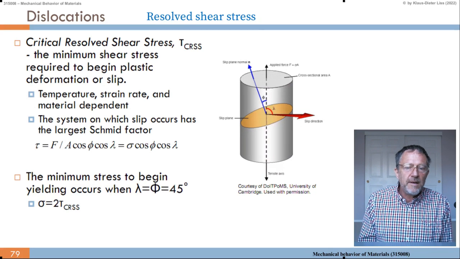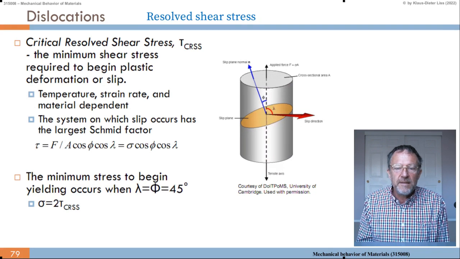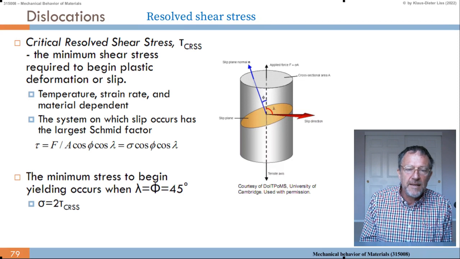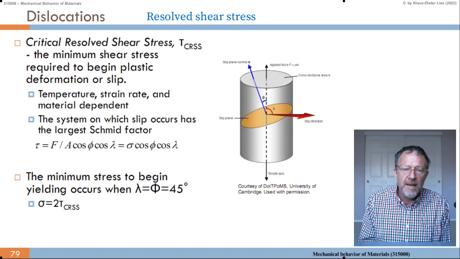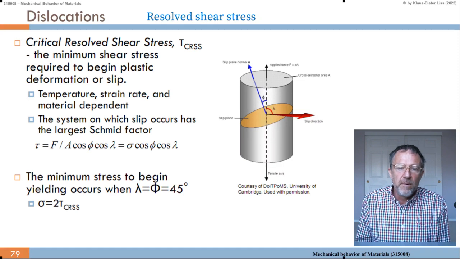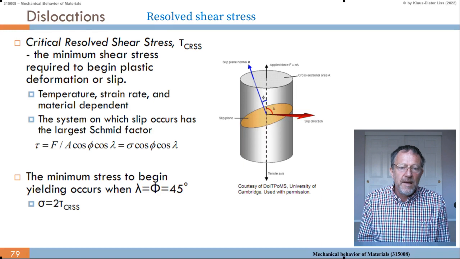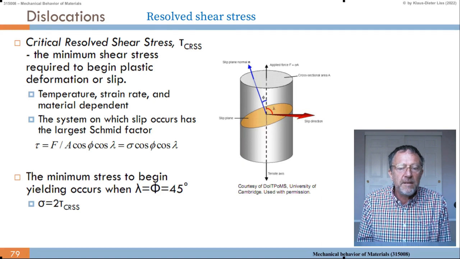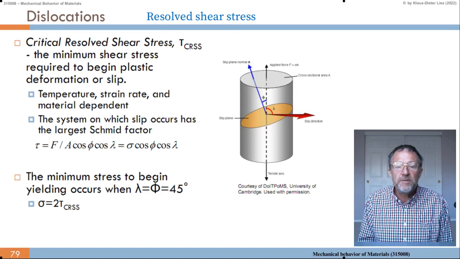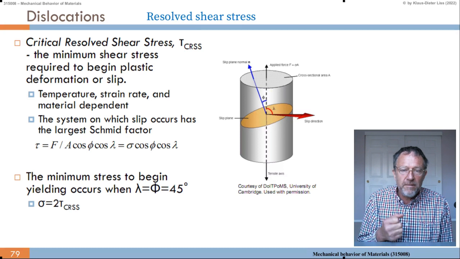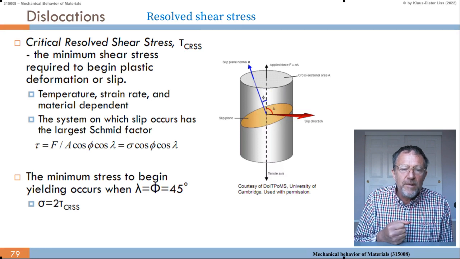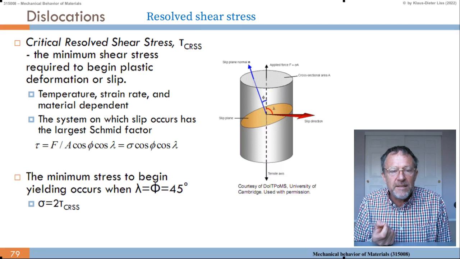The critical resolved shear stress, tau CRSS, is the minimum stress required to begin plastic deformation. So we have the resolved shear stress, as shown in the previous slide, with the cosines. And now, when does plastic flow start?